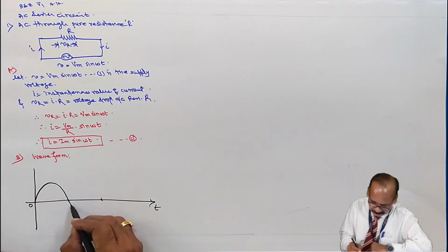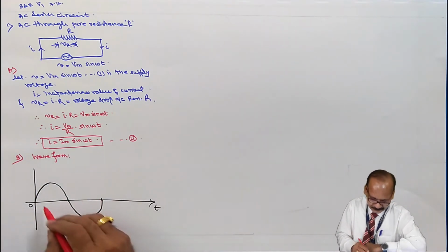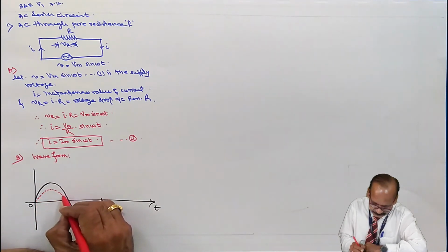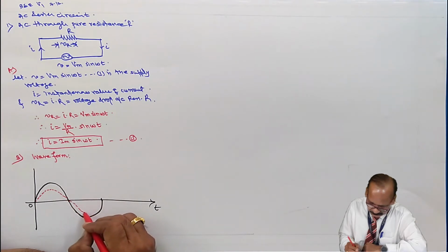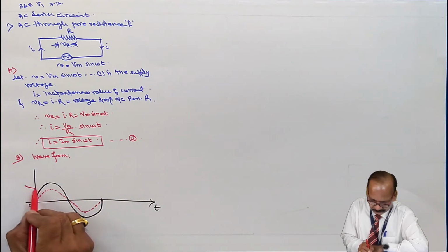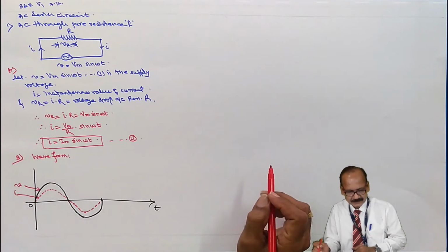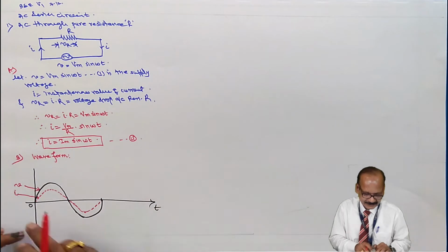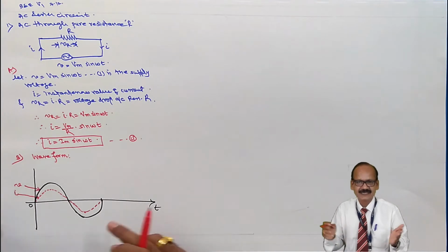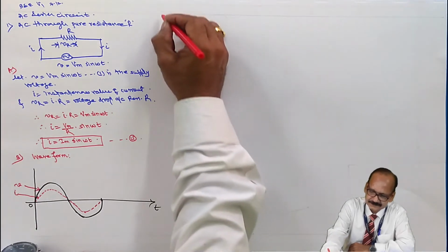Say this is voltage, and current is also in the same phase. Here, both the voltage and current achieve their minimum, maximum, and minimum values at the same time, and therefore they are said to be in the same phase.